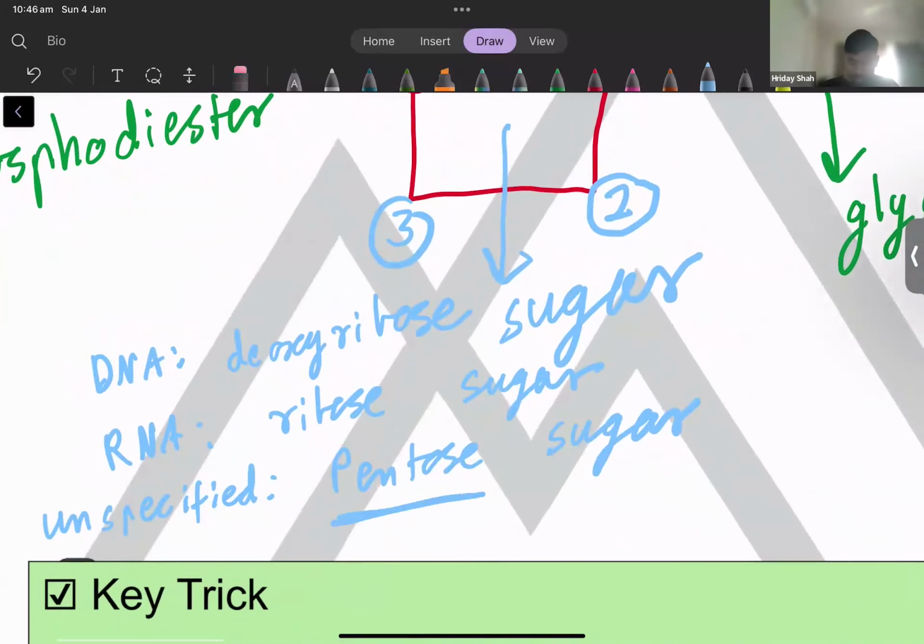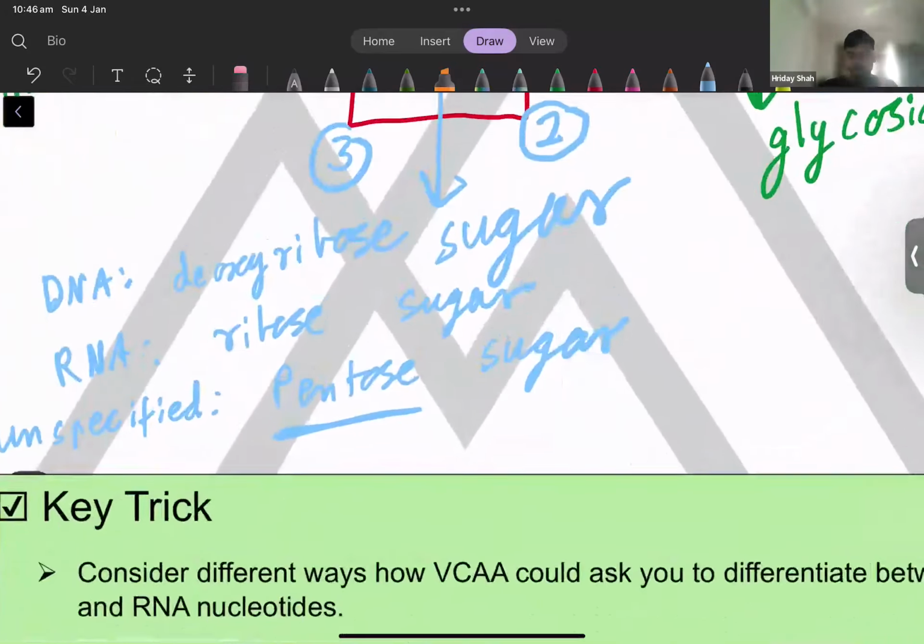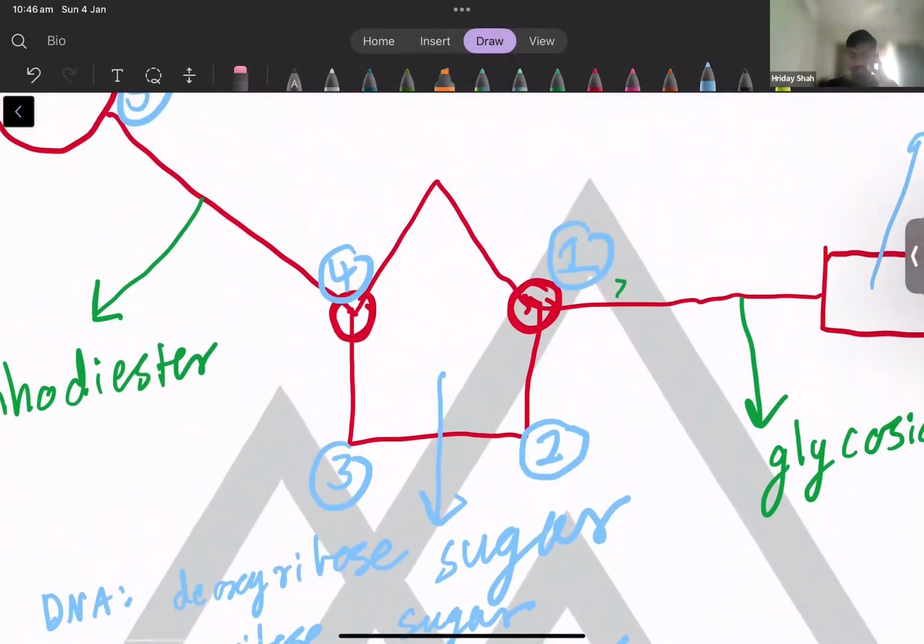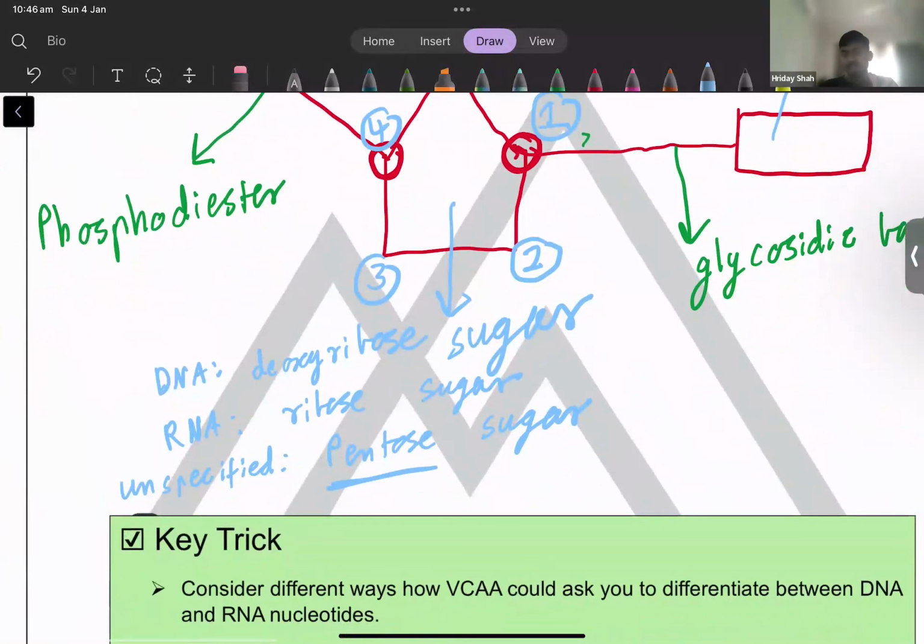Now, pentose: think about the fact that it has 5 carbons. Penta means five. Ose, you can think of it as referring to carbon. That's not quite the translation, but it's basically saying it's a sugar with a ring of 5 carbons.